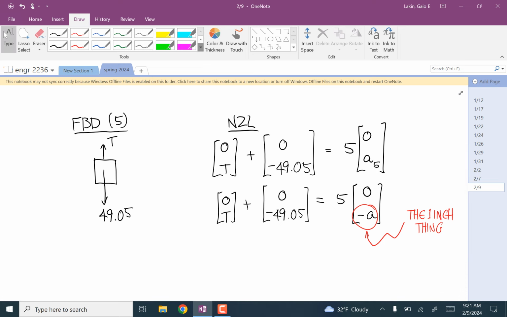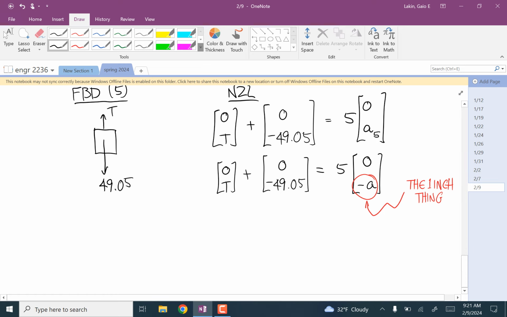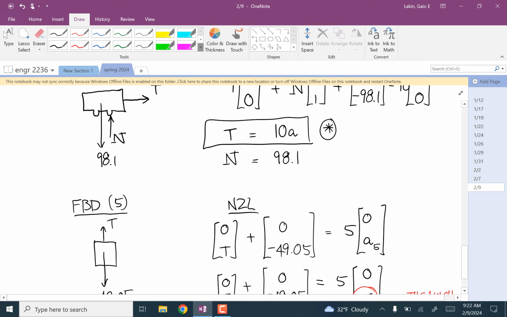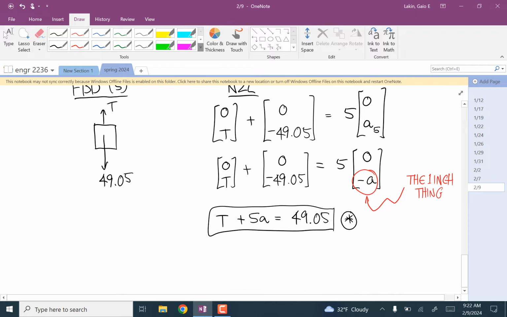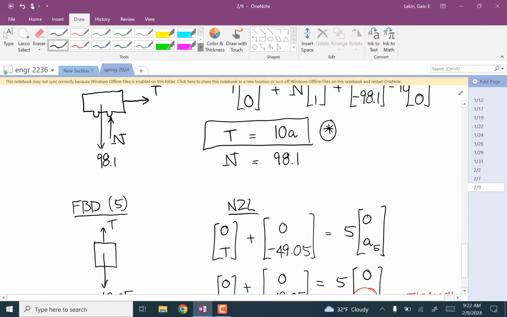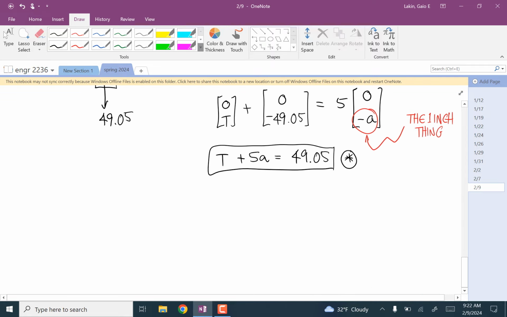And so now we get this equation that says t plus 5a is equal to 49.05. And now you have the two starred equations, and you can solve them as a system. From the first one, t is equal to 10a.